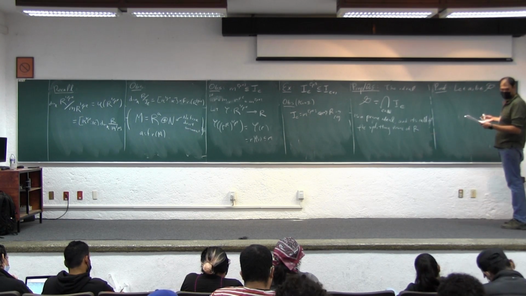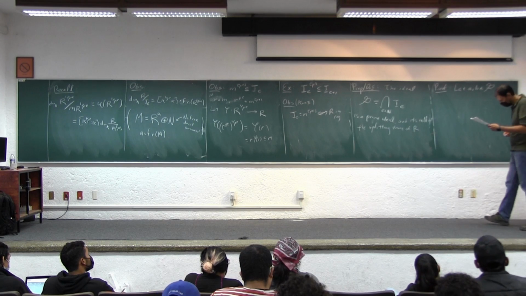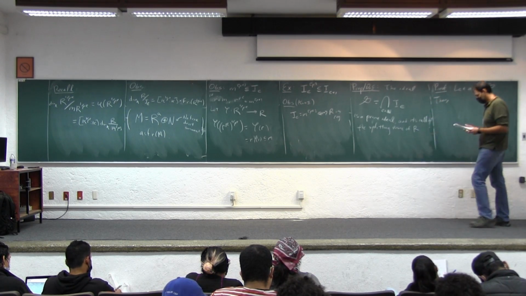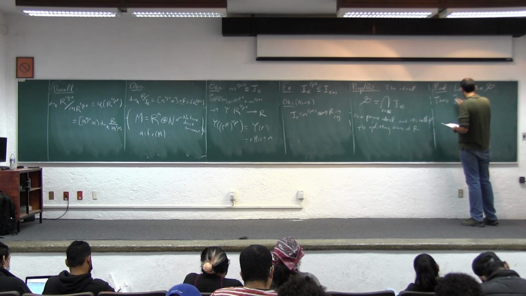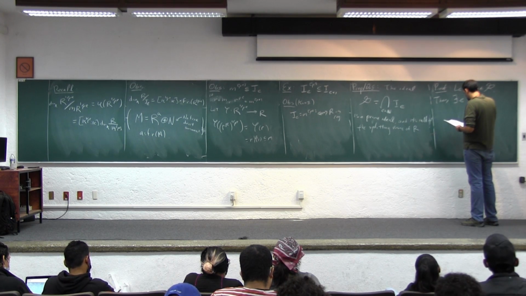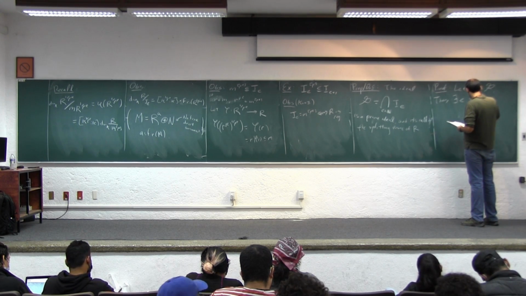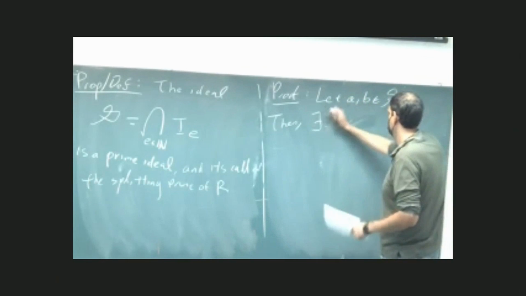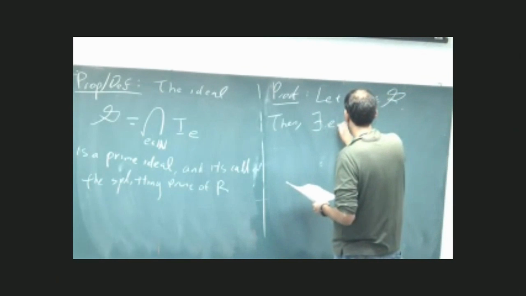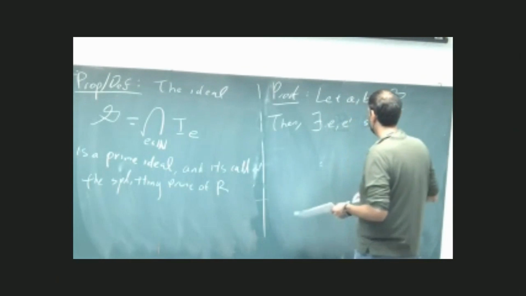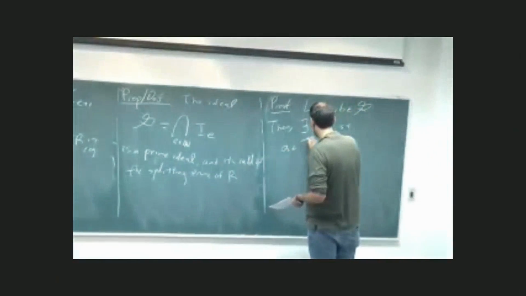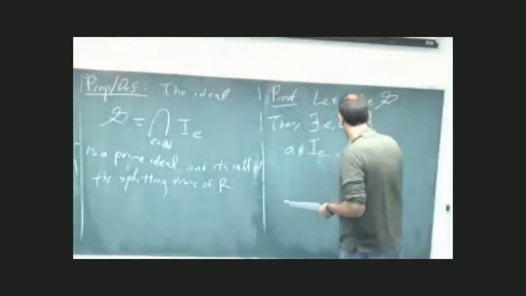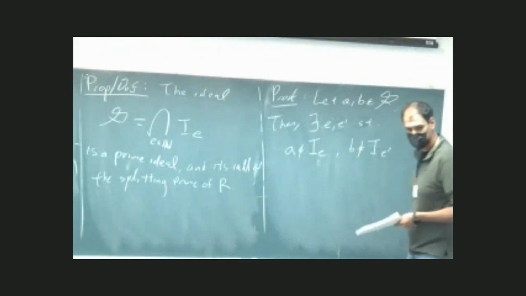Then there exist e and e prime such that a is outside I sub e and b is outside I sub e prime.